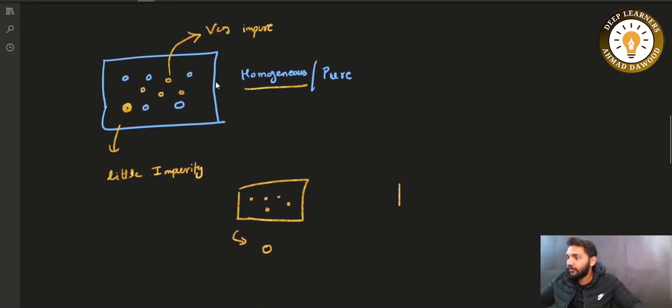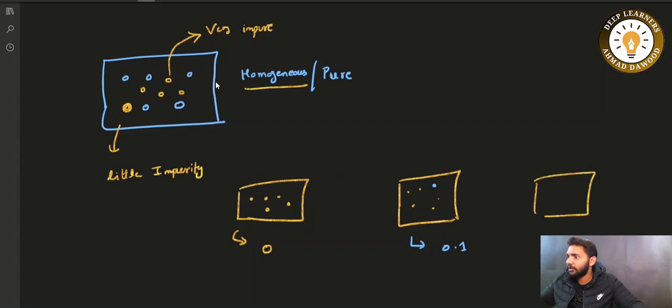When we have a set with a little bit of impurity, it can say that it has 0.1 impurity. And when we have an equal number of points from both classes, it can give a value like 0.9, which shows that this set is very impure.